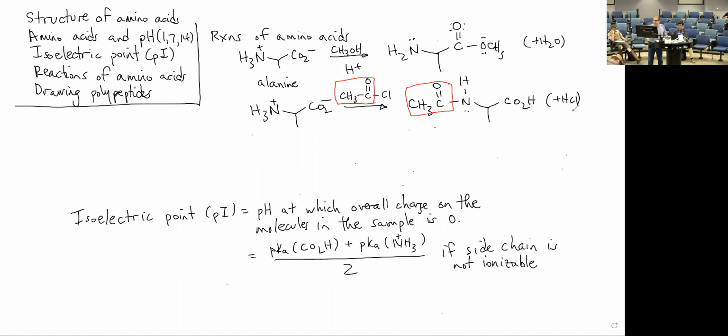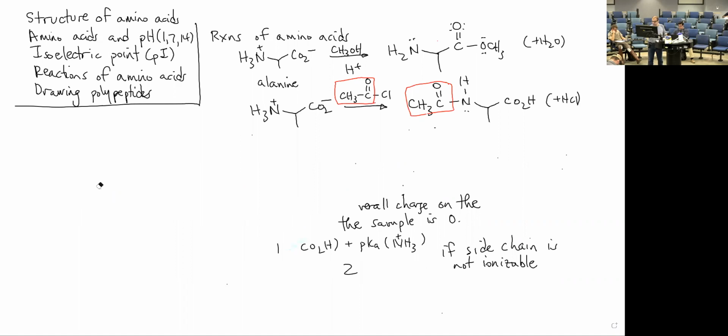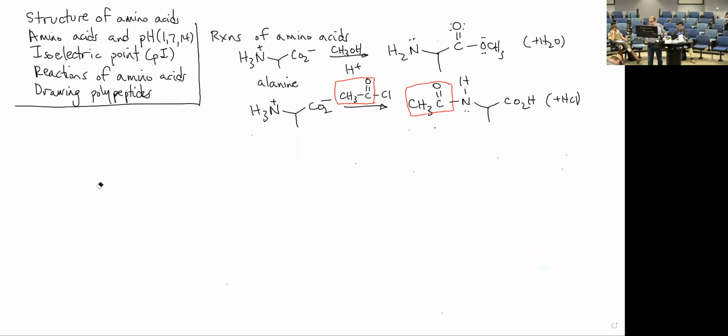All right, well then I guess my only other topic that I really want to talk about is how to put these things together and make polypeptides. Maybe before I get into particular examples, let's deal with general cases.